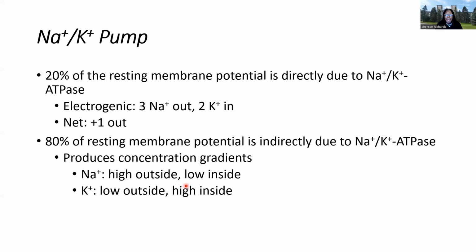So that is to say that 80% of that negative 70 value is indirectly owed to the sodium-potassium pump because the pump creates the gradient where these ions can leak in the opposite direction, okay? So the sodium-potassium pump is really important for us to begin explaining how we have the relative distribution of sodium and potassium.